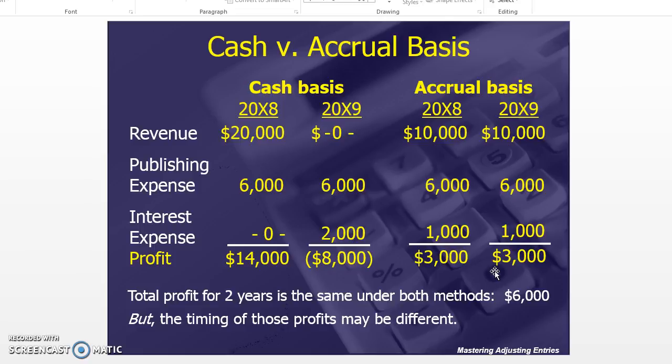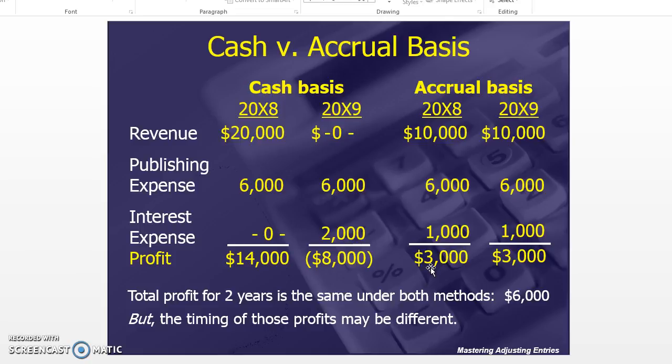profits may be different. Okay, and clearly if we had people interested in seeing what sort of profits we were making in 2008 and they had nothing else to compare, they didn't see the end results over time, it would tell a really different tale, wouldn't it? $14,000 profit in 2008 and then only $3,000 profit in 2008 under the accrual basis.